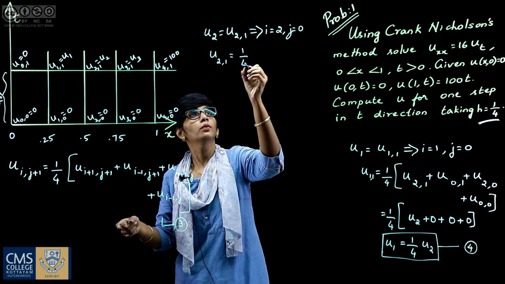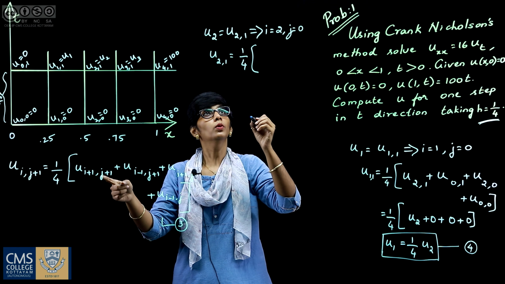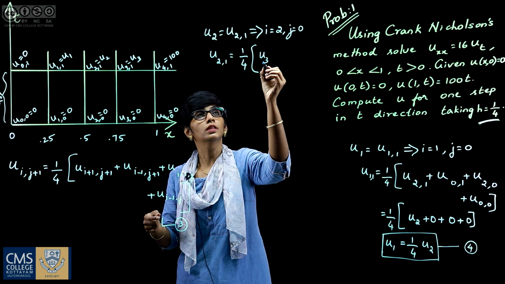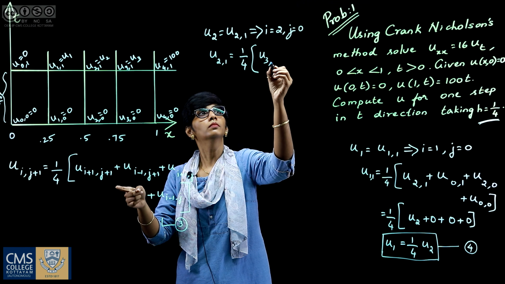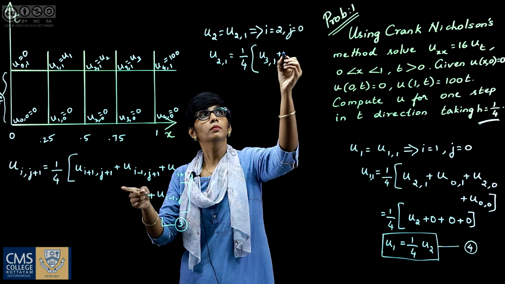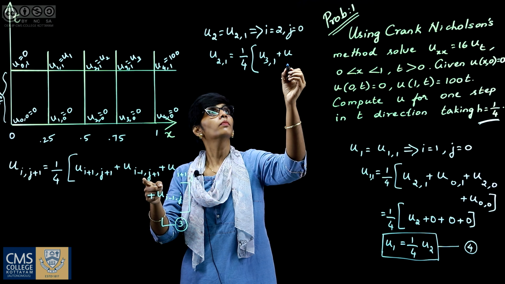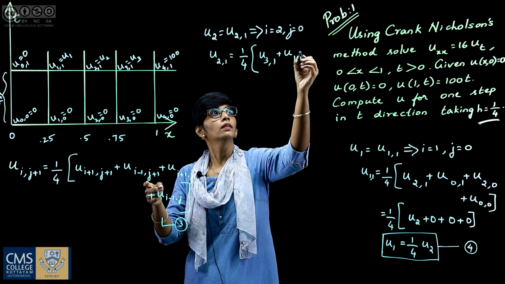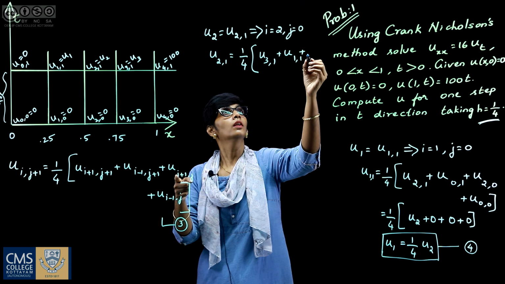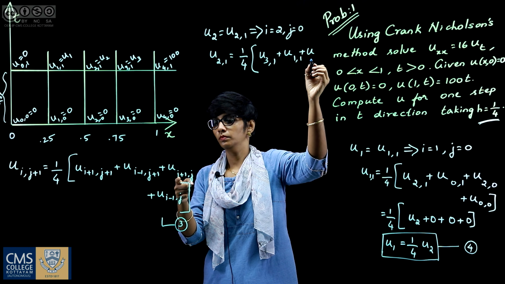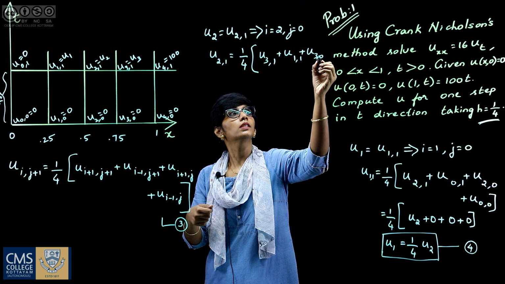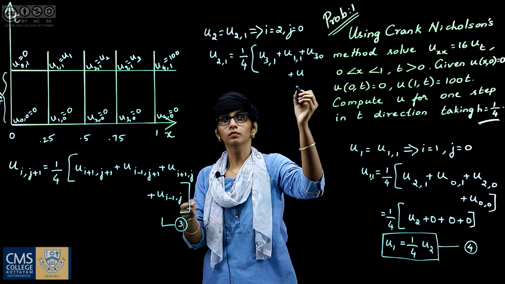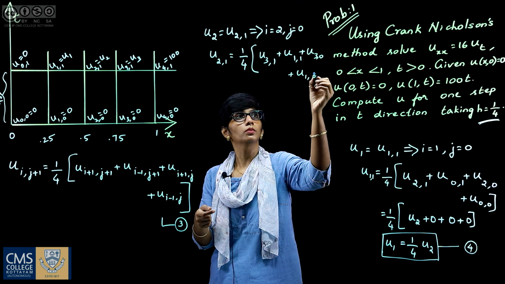So, 1 by 4 u of 3 comma 1 plus u of 1 comma 1 plus u of 3 comma 0 plus u of 1 comma 0.